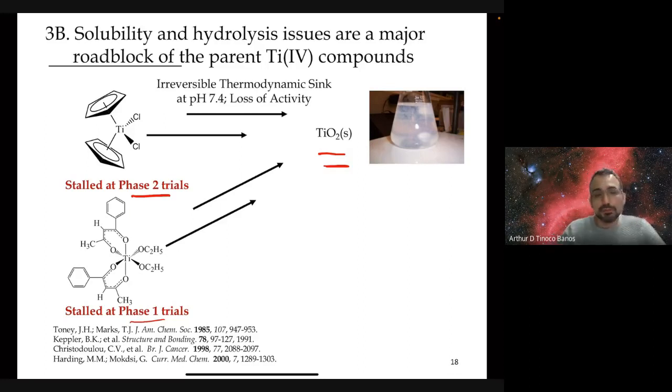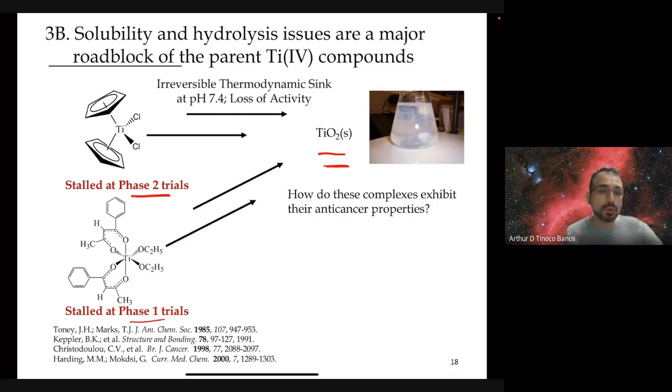Although, truth be told, these compounds, as formulated for administration into patients, would have already been transformed into other types of compounds. And so it's not entirely clear what the speciation of the titanium was that was actually being delivered into patients. So here is a clear example of in vitro studies that did not translate into an in vivo observation.